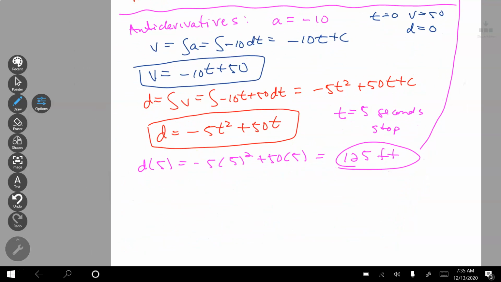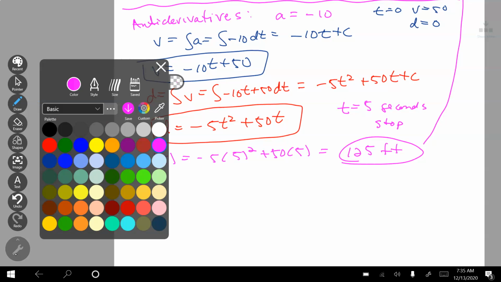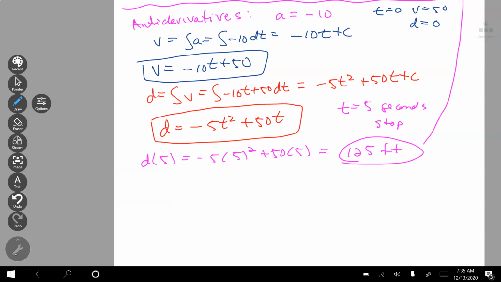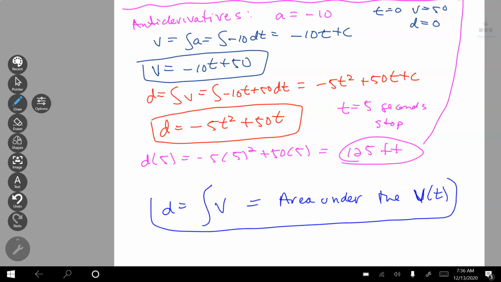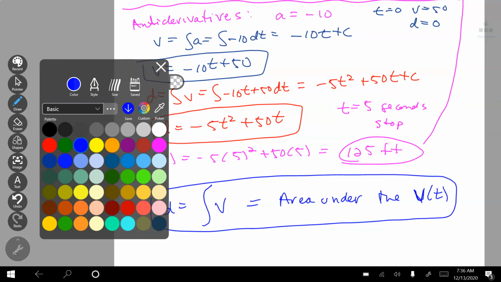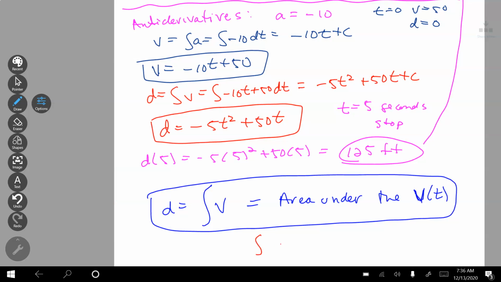So the whole point is that this antiderivative of the velocity equation, which is what my distance is, was equal to the area under the graph of my velocity. Okay? And that's the idea. This is what we're going to look at: when I take the antiderivative of something, it turns out to be the area under the curve.